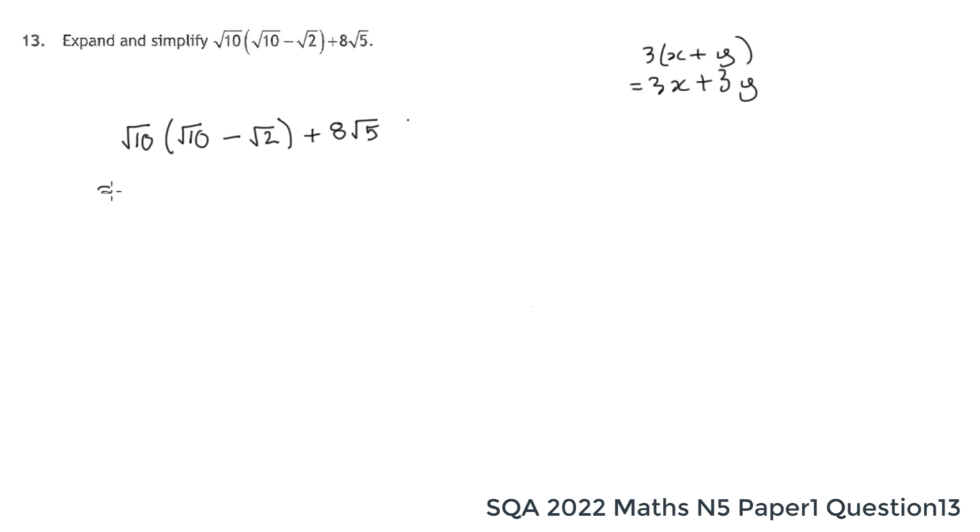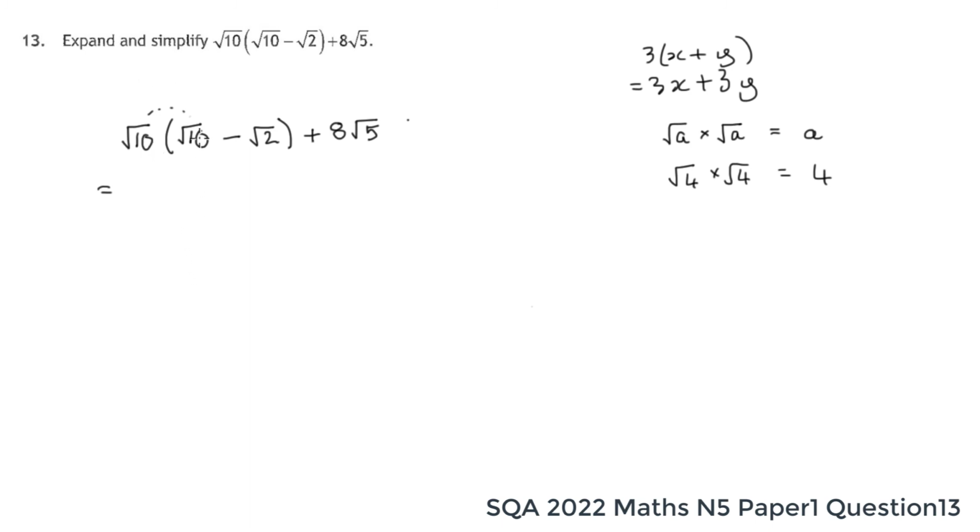So first thing, let's do this multiplying out. Root 10 times root 10. Now the basic definition of the square root of a is a number multiplied by itself gives you a. Square root of 4 is 2 times the square root of 4 is 2. 2 2's are 4. So the square root of a number times the square root of the same number will give you that number.